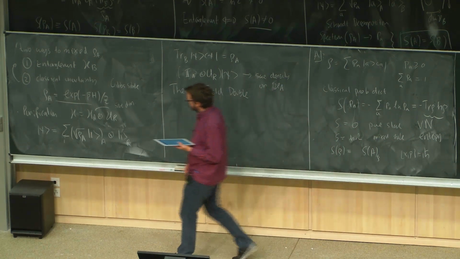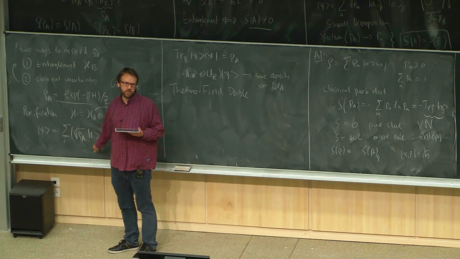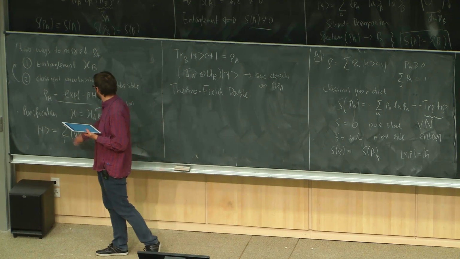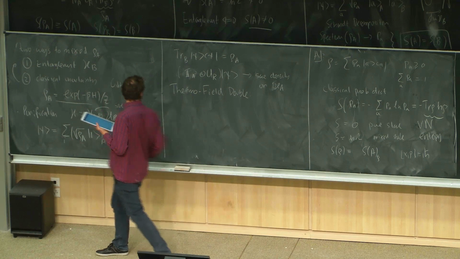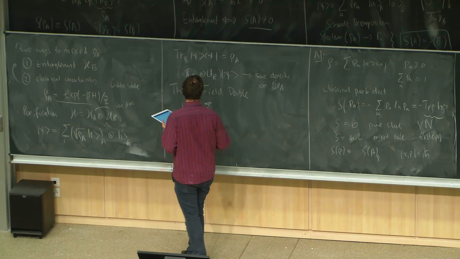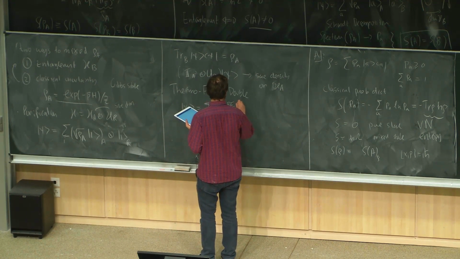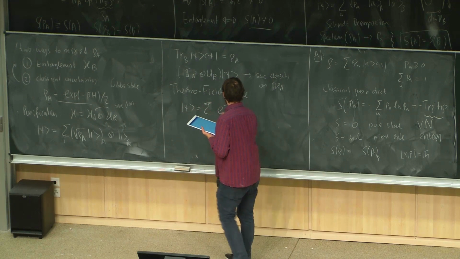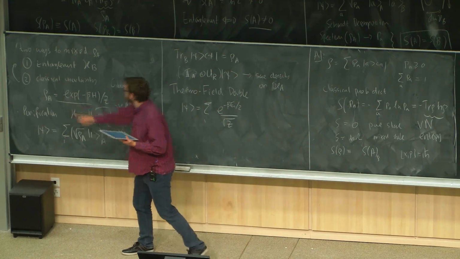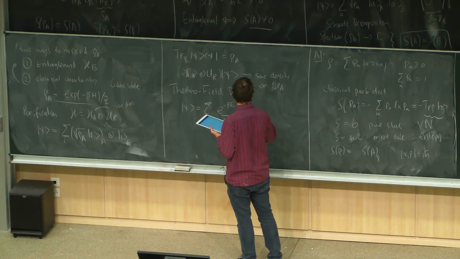That is where I just do this idea, except now I'm going to use energy eigenstates. So if I use energy eigenstates, I can simply write this as a sum over i of e to the minus beta E_i, where E_i is the energy of each state, divided by the square root of Z. I'm just putting in the square root of the density matrix here. And then I have my energy eigenstates.